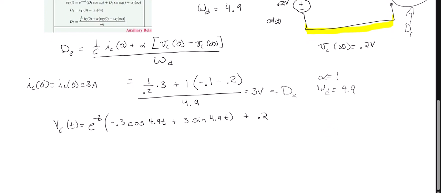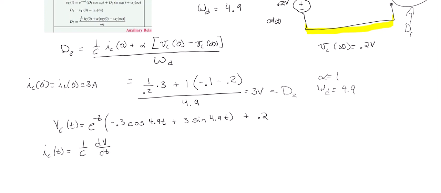To get IC of t, that'll be 1 over C dV dt, or 1 over 0.2. And you need to be careful taking the derivative here. We've got the product rule.